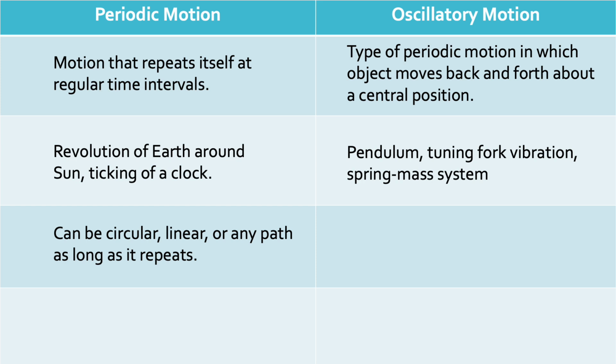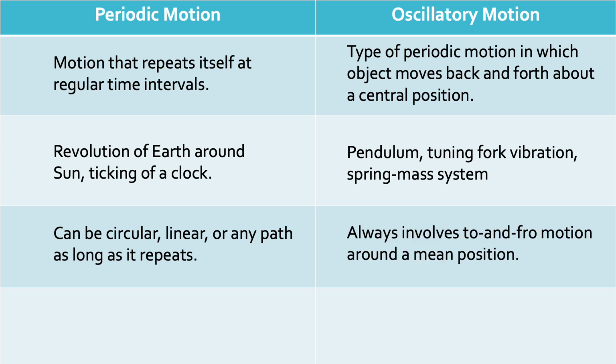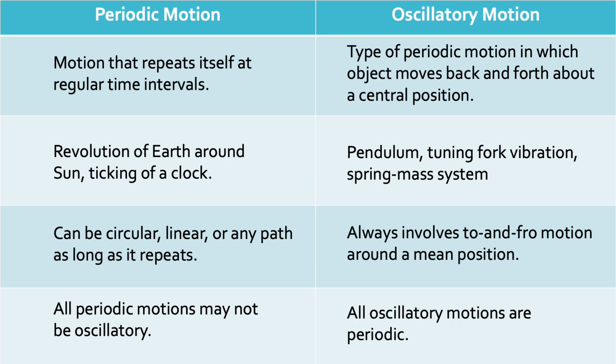Periodic motion can be circular, linear, or any path as long as it repeats. Oscillatory motion always involves to and fro motion around a mean position. All periodic motions may not be oscillatory. However, all oscillatory motions are periodic.